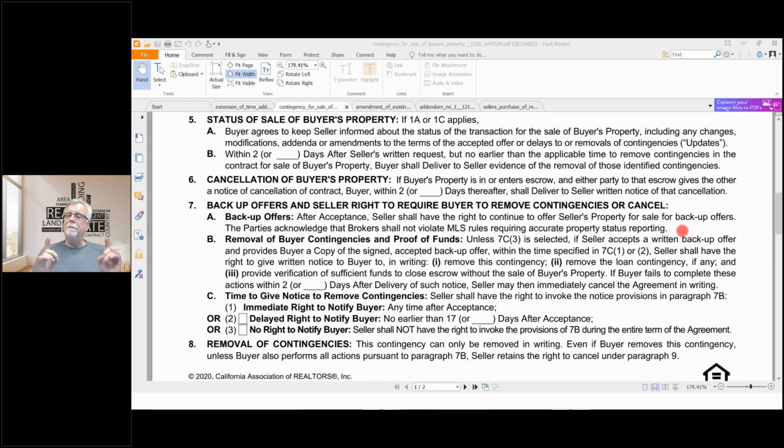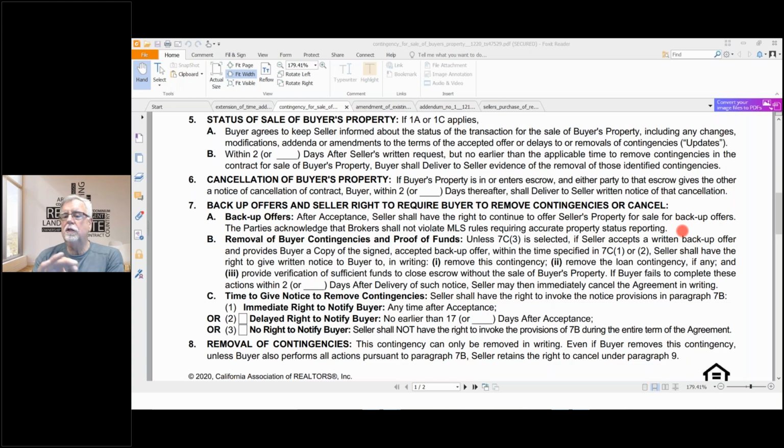So what that means is the property in Santa Rosa, once they've accepted the offer, is supposed to change the status in Santa Rosa from active to contingent. And in many of the MLSs, they have what's called contingent with a release clause.